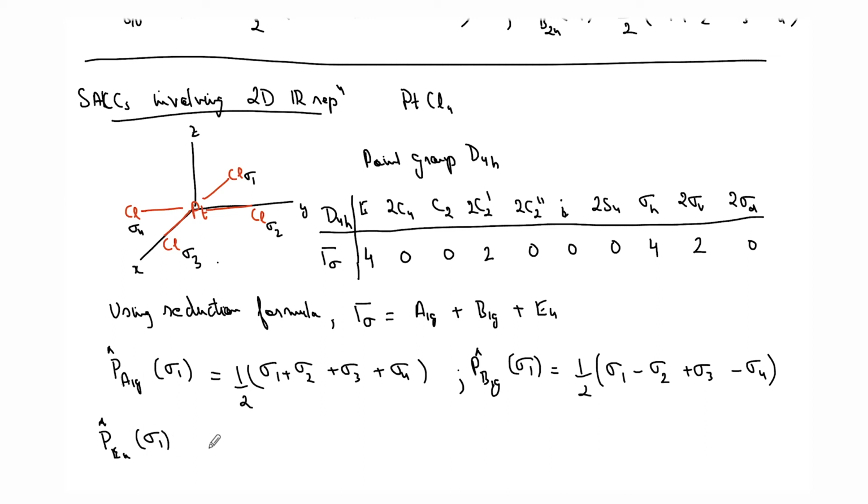So now if I apply the projection operator P Eu onto sigma 1, what do I get? I will get, and again I expect you to do this yourself, sigma 1 minus sigma 3. So do this complete calculation, you know the formula, and the normalization constant will be 1 by root 2 now. So sigma 1 minus sigma 3. Now how do we get the second linear combination, which will also have the same symmetry as Eu?